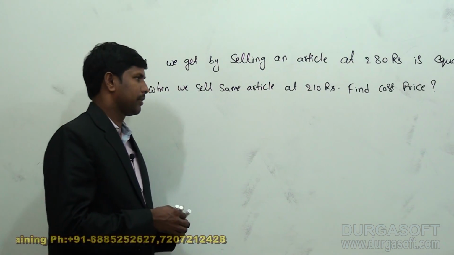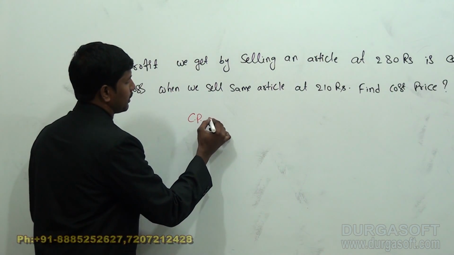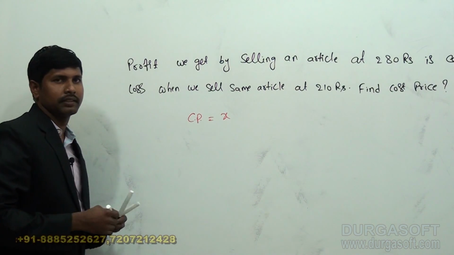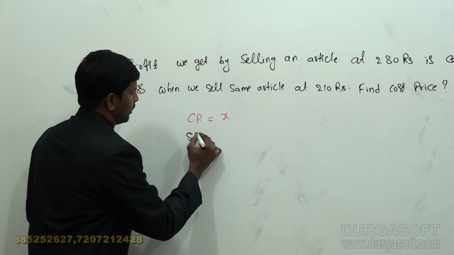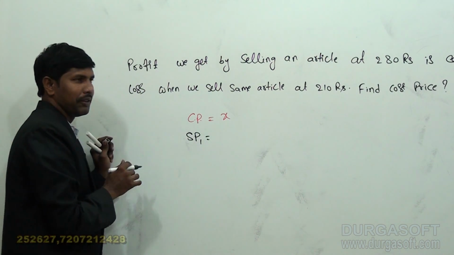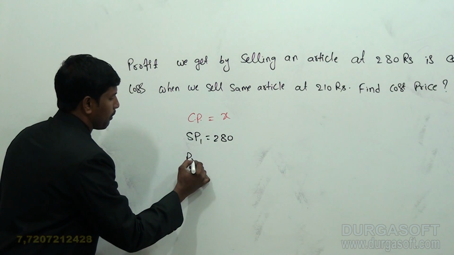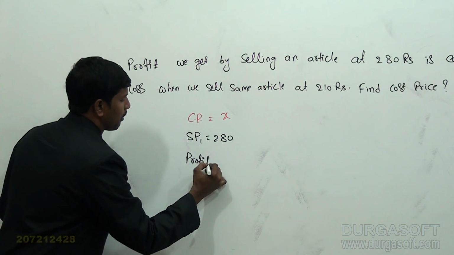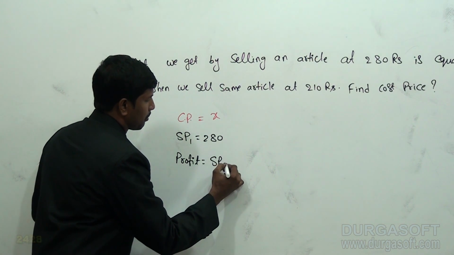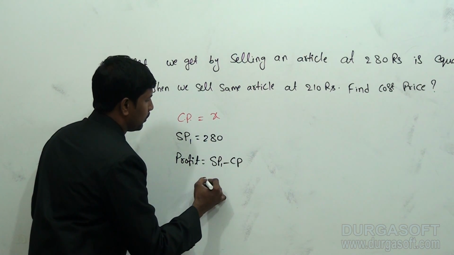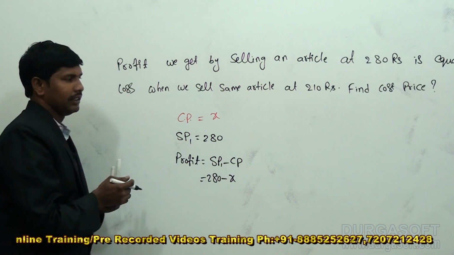Now simply let us take the cost price as X rupees, and in the first case selling price, let us take SP1, is given as 280 rupees, and in this case profit, we know that profit is equal to selling price minus cost price. So SP1 minus CP, which is 280 rupees minus X, is the profit in this case.